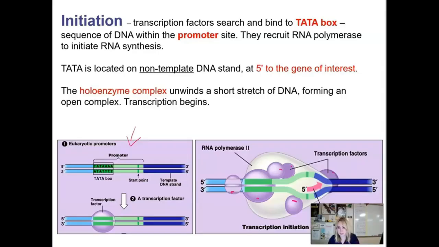So transcription factors are the key proteins that bind to the promoter region and other regulatory sequences, and they recruit the RNA polymerase to the scene to begin the actual synthesis.